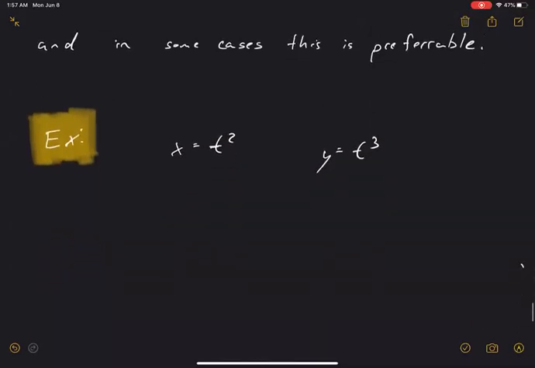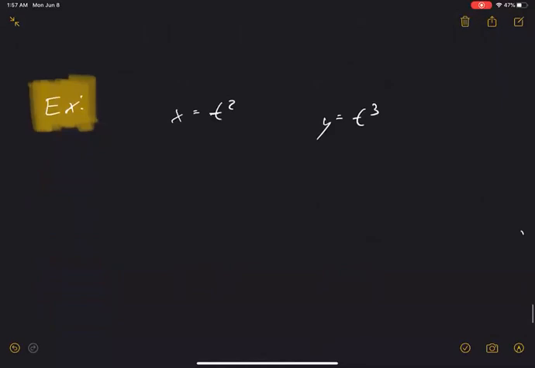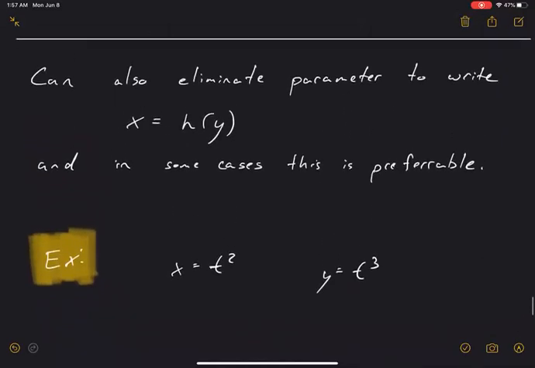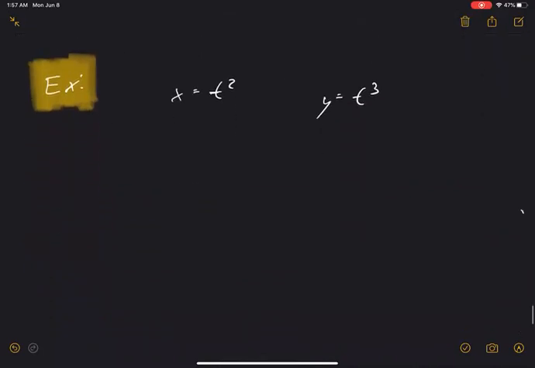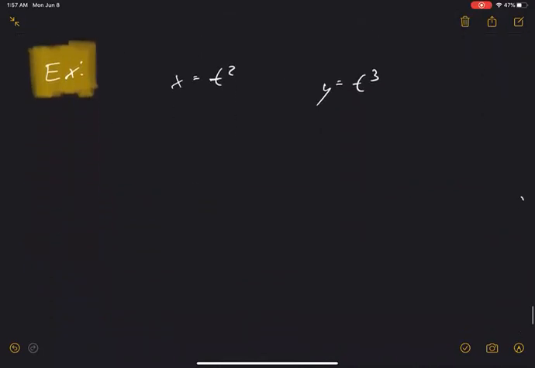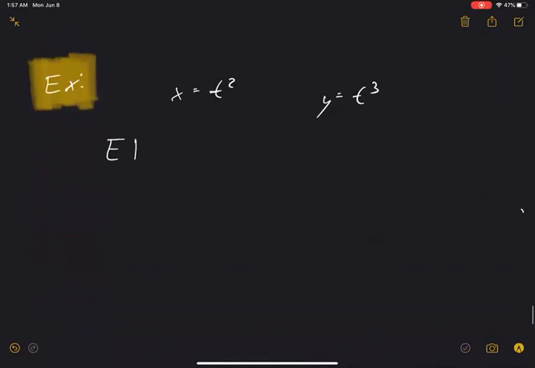x equals t squared and y equals t cubed. And let's say we're not even told which parameter we should solve for. Let's say we're only given these instructions: eliminate the parameter to write as a Cartesian equation.